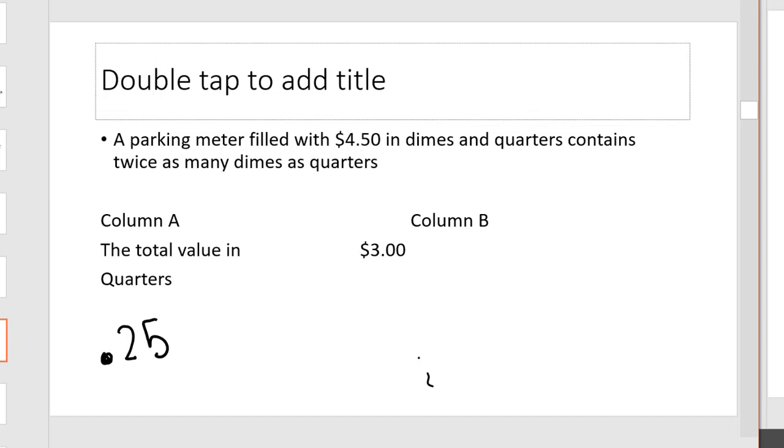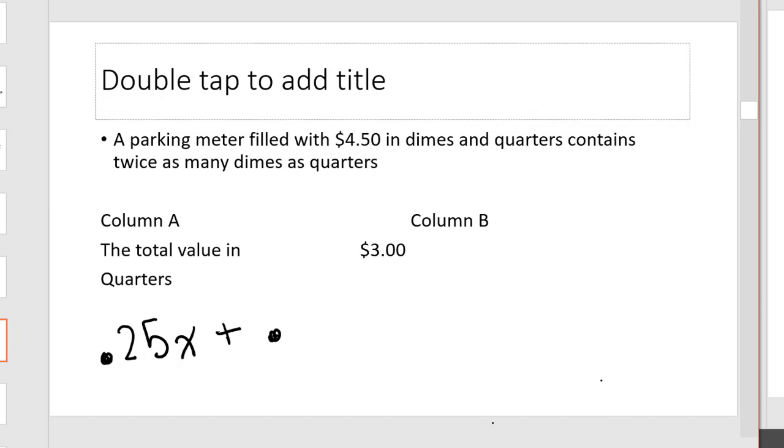There's going to be X quarters. So 0.25X plus, well, how many more dimes are there than quarters? 2. There's 2 times as many. So we have 0.25 times X.